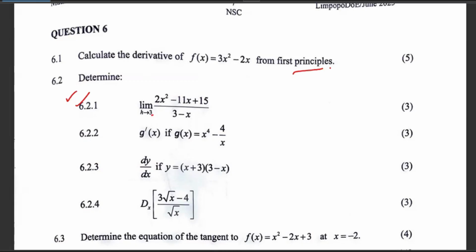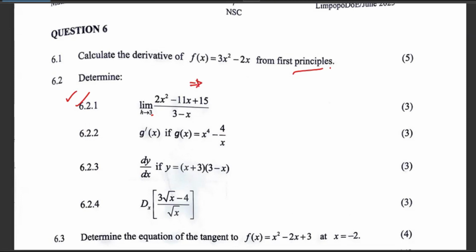Now, it doesn't make sense if the question says the limit of h tends to 3. It should be like the limit of x is tending to 3. That would be the reasonable kind of expression to use, not necessarily h. I don't know why they used h in this case.